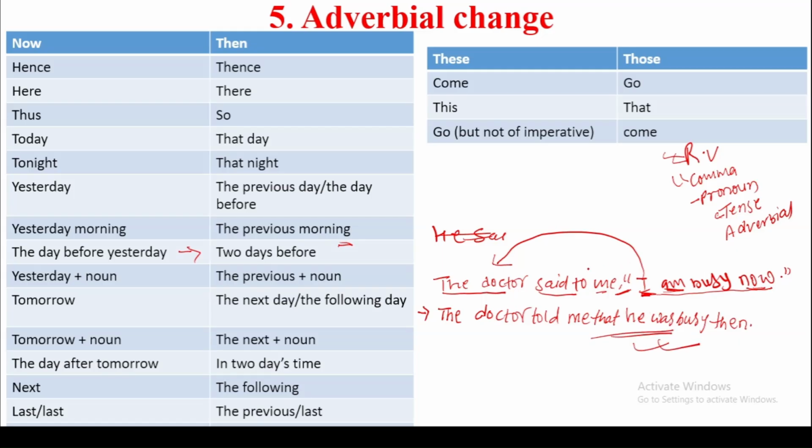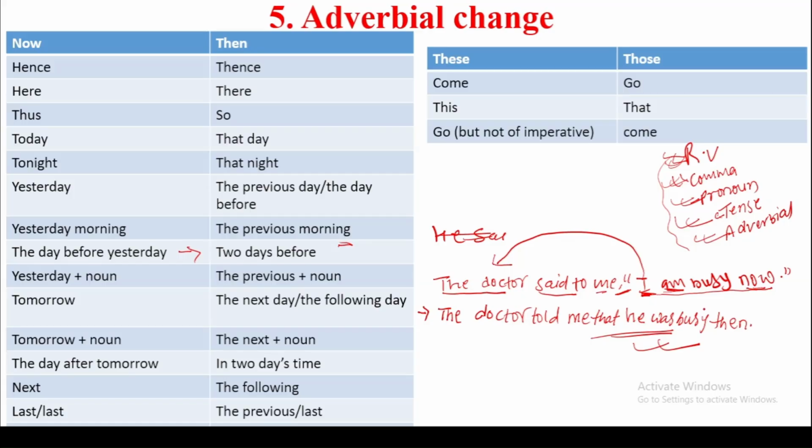So in this way you have to change a direct statement into an indirect statement. Keep in mind, while changing direct speech into indirect speech, change all these 5 components. If you miss any component, your answer will be wrong.